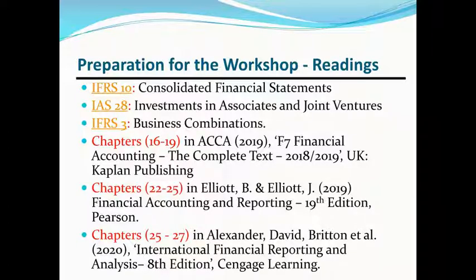First, accounting standards. We have International Financial Reporting Standard number 10, which is about consolidated financial statements, International Accounting Standard 28, which is investment in associates and joint ventures, and International Financial Reporting Standard number 3, which is business combinations. These are the main standards that you need to read as preparation for the workshop.